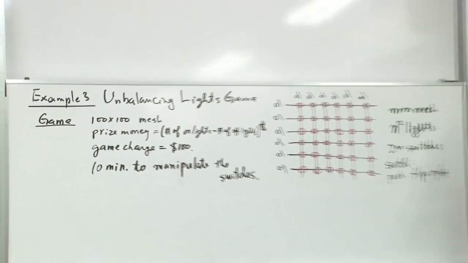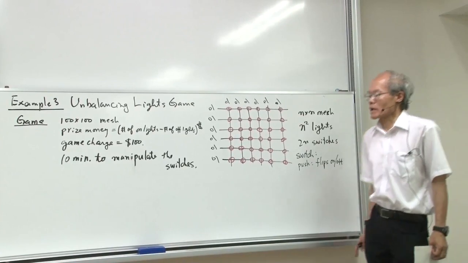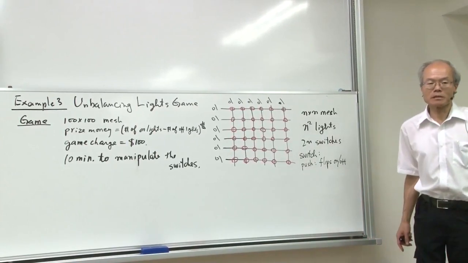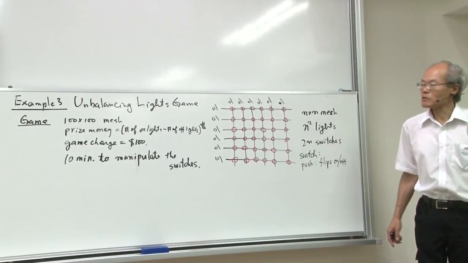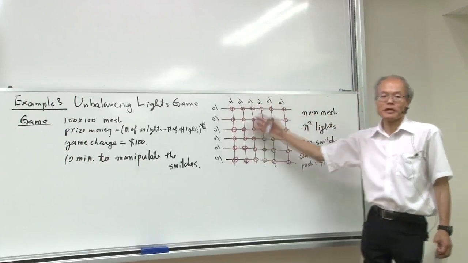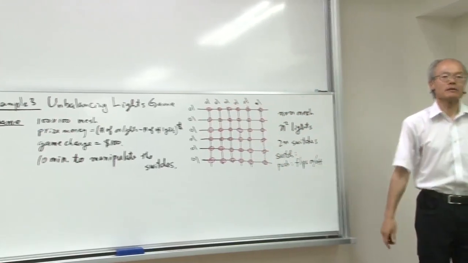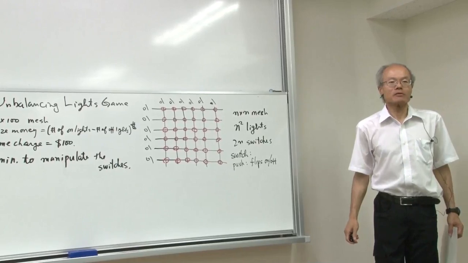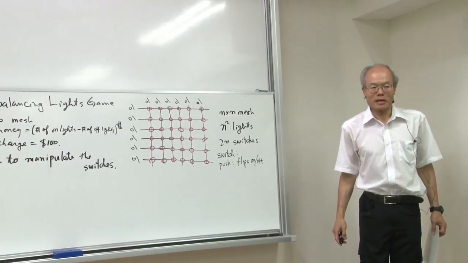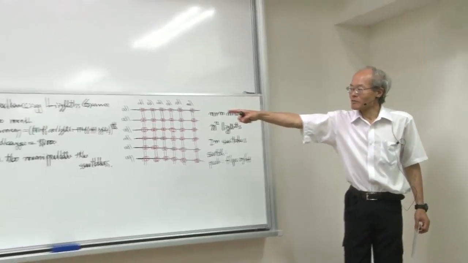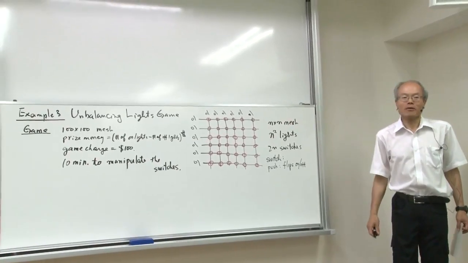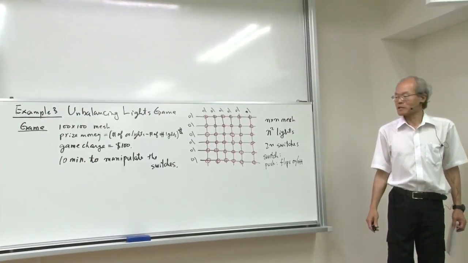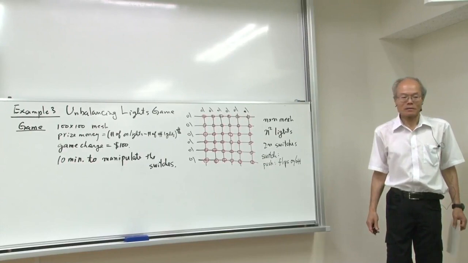By paying $100, you can play one game, then you are given 10 minutes. Using that 10 minutes, you can manipulate all those switches as you like. Then after that, you get the money. Its amount is the number of on lights minus the number of off lights, in US dollars.